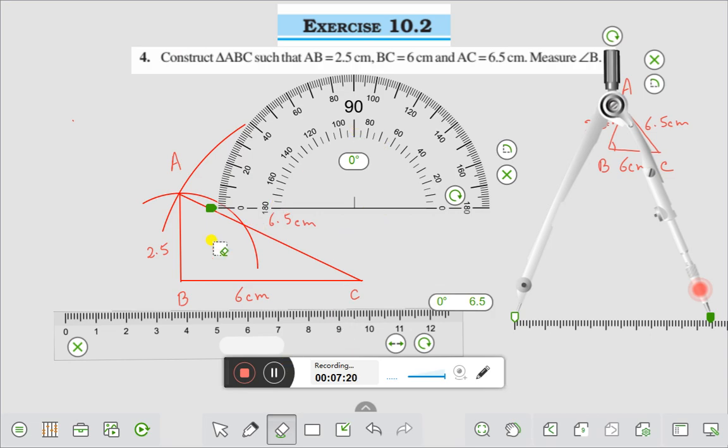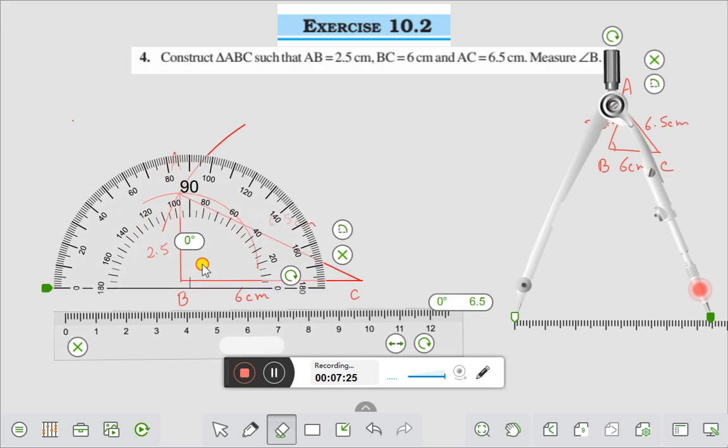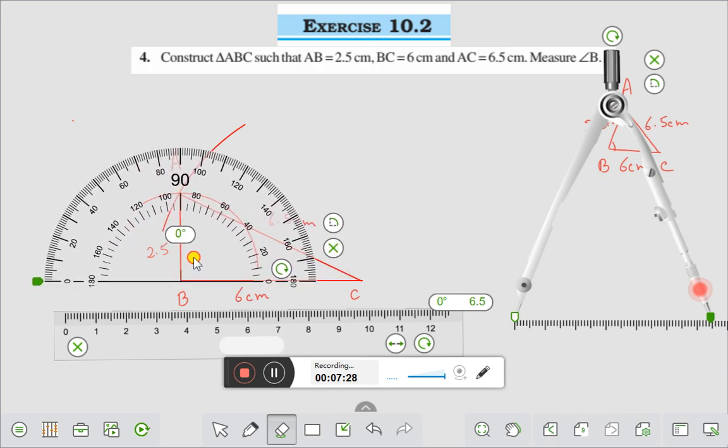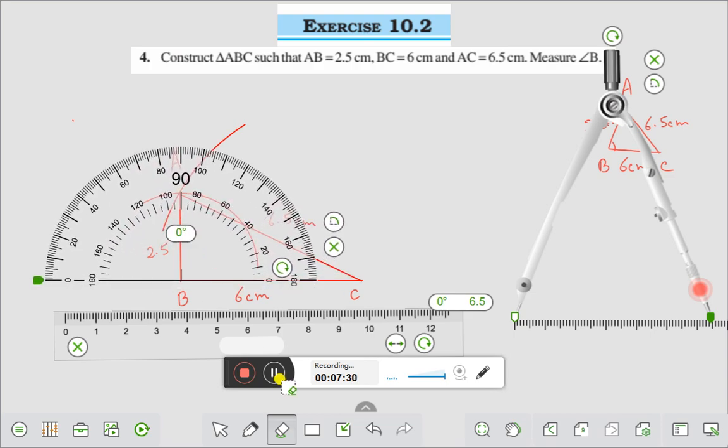Now we will measure this angle, that is angle B, with the help of this protractor. You see that angle B is exactly 90 degree. Angle B is equal to 90 degree.